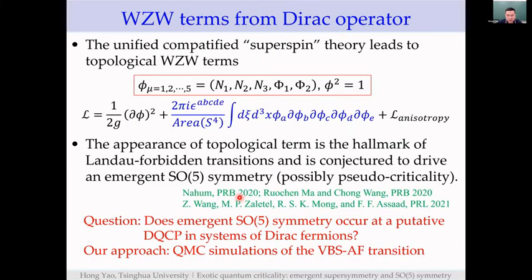There is some proposal that such a transition might not be a genuine critical point, but close to a quantum critical point. Here, I just want to use quantum Monte Carlo simulation to study a particular model to see whether DQCP and emergent SO(5) can occur.